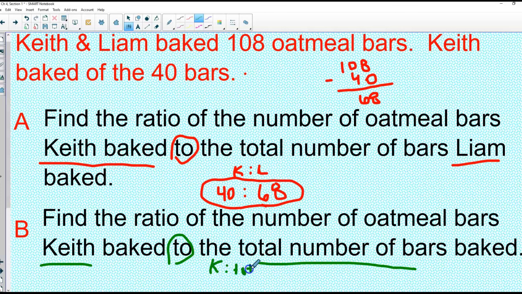Right there, that should be the information that we are looking for. And in this one, Keith baked 40. It told us that. So I'm going to put it over here just so I have a little room here, guys. So 40 would be first, and then I need a total number of bars. And this one actually tells us Keith and Liam baked 108. So my total is 108. So my ratio would be 40 to 108.